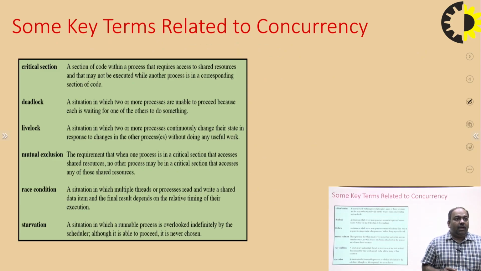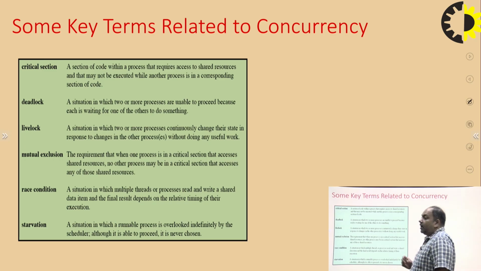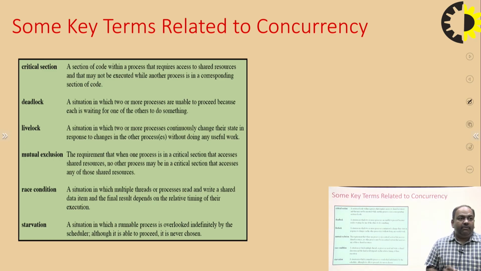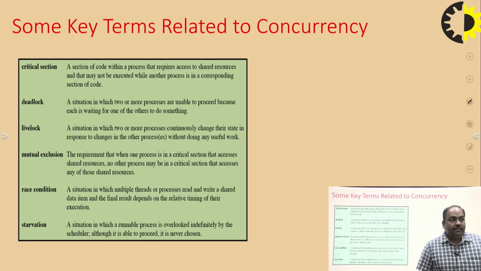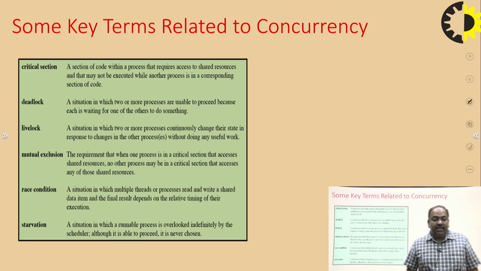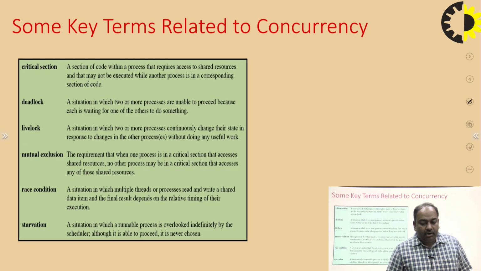After this, we come to some key terms related to concurrency. The first key term is the critical section. This is the section of code in which we require access to shared resources, and it may not be executed while another process is in the corresponding section of code. Meaning if there is one process in the critical section, no other process will execute in the critical section.